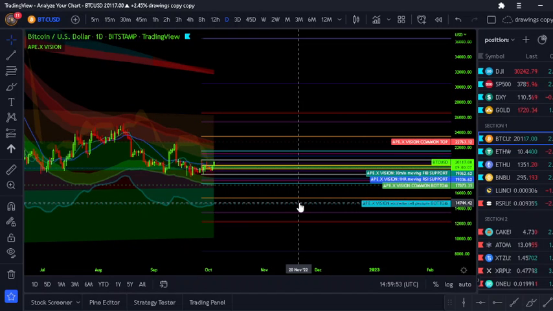I'm going to have to say Bitcoin might push above right here and test this area right here, maybe hit a local top confirmed. So if Bitcoin wicks up, I would expect it to hit this EMA or this Fibonacci sequence right here.